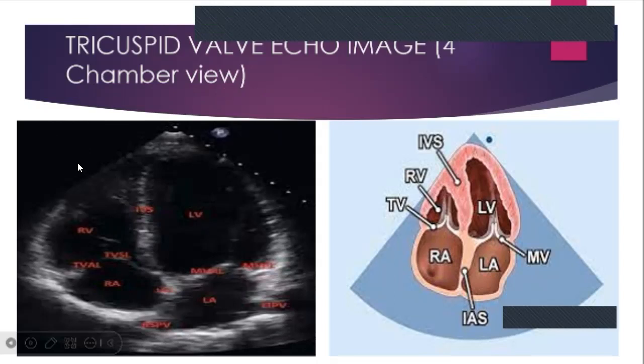You can see the atrium, the interatrial septum, the posterior wall, and the mitral valve of the left atrium. So our interest is the tricuspid valve. It is here in the four-chamber view. This is where you are able to visualize the tricuspid valve.